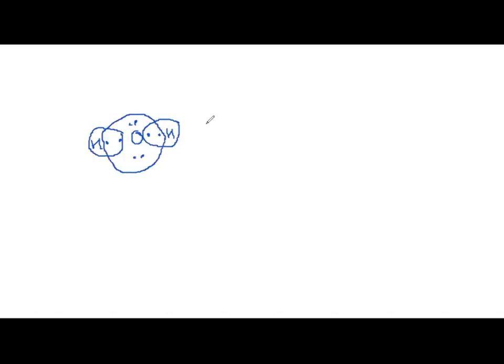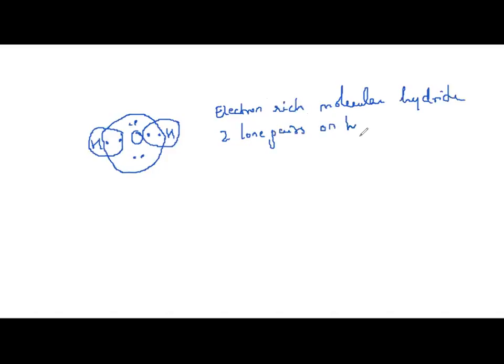So this is an example for what? Electron rich molecular hydride. Correct? So it is an electron rich molecular hydride. Fine. So since there are two lone pairs on oxygen, what happens?